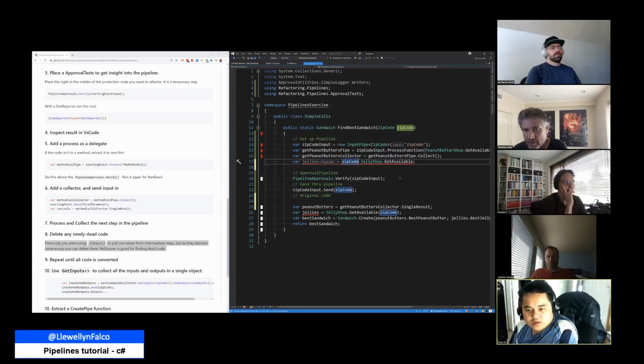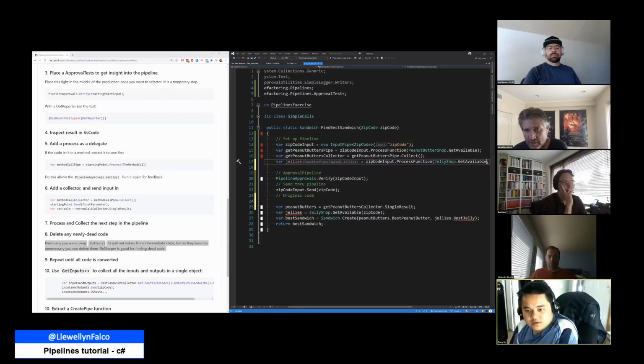Yeah, and then we tie another process function, and the thing that comes out of it, you have to add the word pipe to. Yes, so which means we have a jelly pipe. Good. So which means on line 17 we need to rename that to a jelly pipe.